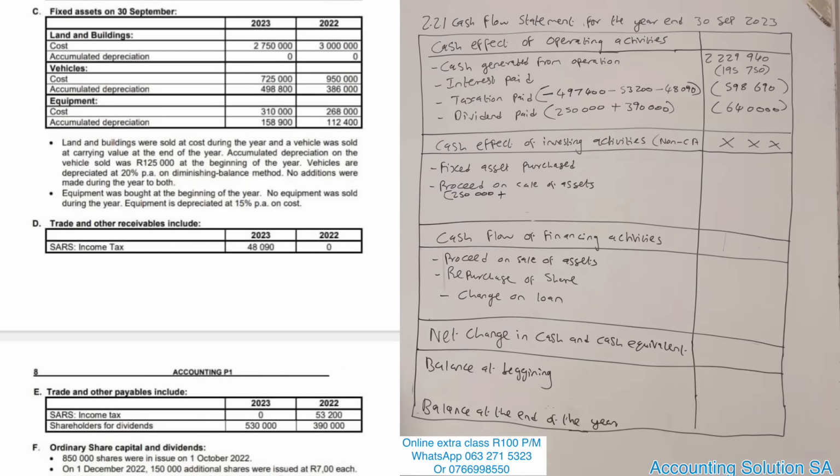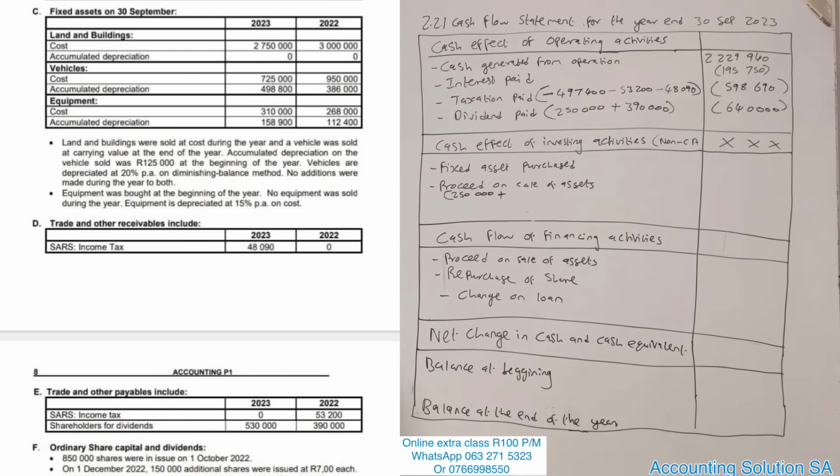It was 950. 950 minus 725. We're gonna get, let's do calculation here, 225,000.